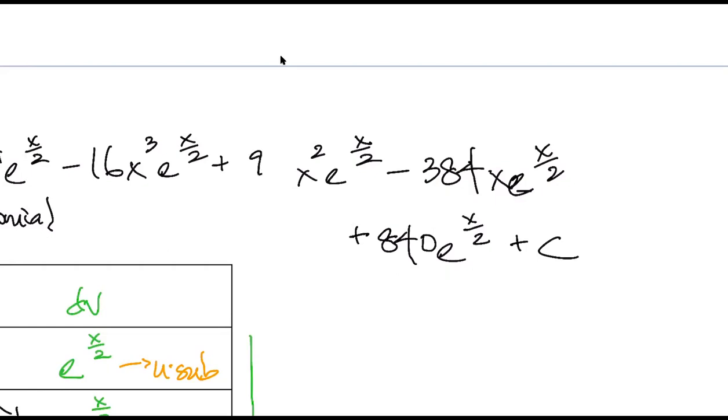Also, the last term, I didn't get 840. All right, is the 384 good? 24 times 16 is 384. 24 times 32 should give me 768. Is that what folks got? Yeah, okay. Thank you.